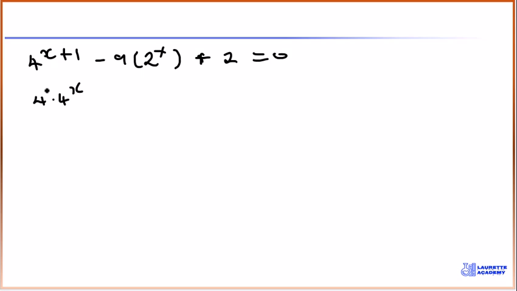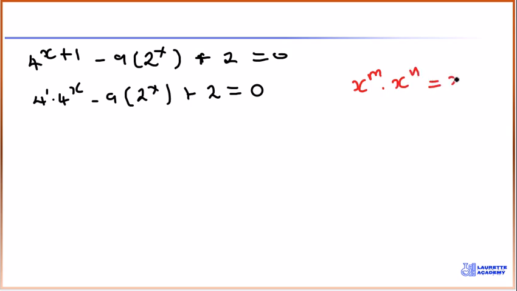Actually, this is 4 to the power 1 times 4 to the power x minus 9 times 2 to the power x plus 2 equals 0. I'm using the property that says that x raised to the power m times x raised to the power n is the same as x raised to the power m plus n. So that's what we've used to transform this here.